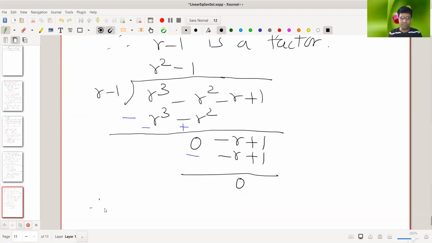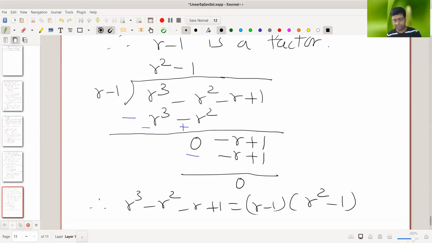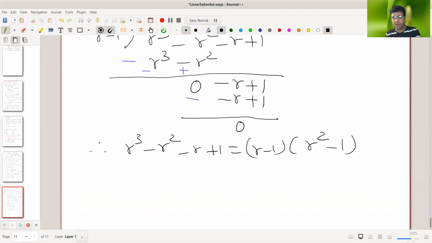Therefore, r cube minus r square minus r plus 1 is r minus 1 multiplied by r square minus 1. Now r square minus 1 is r square minus 1 square, so it is r minus 1 times r plus 1.